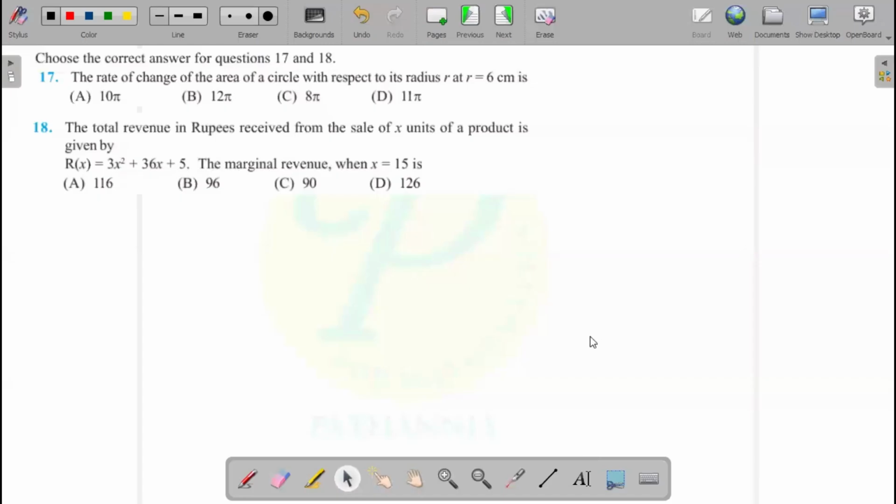NCERT क्वेश्चन नंबर 17 and 18 आप घर से करेंगे जी.